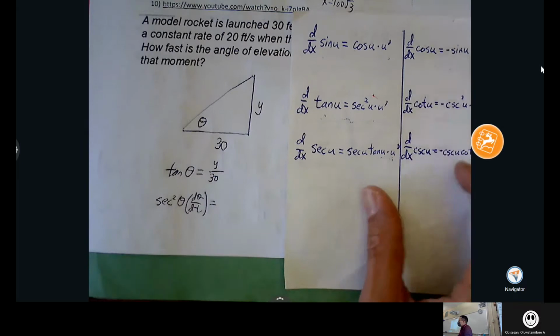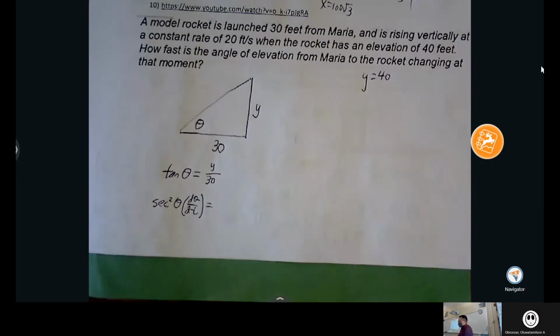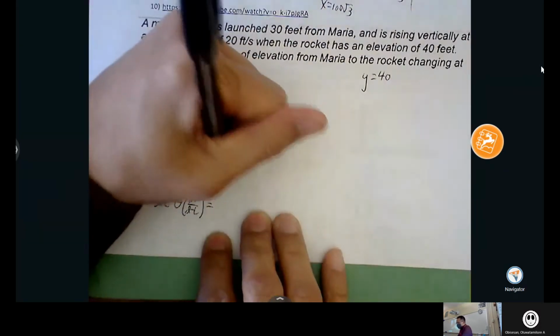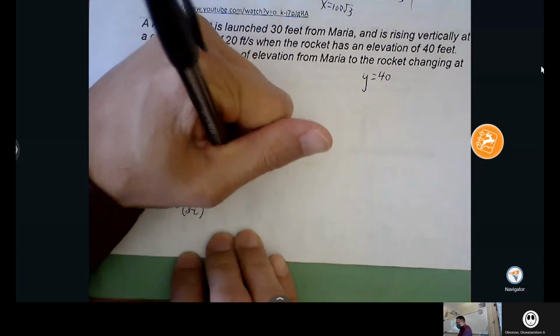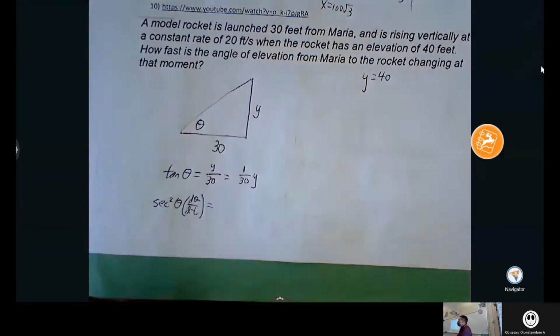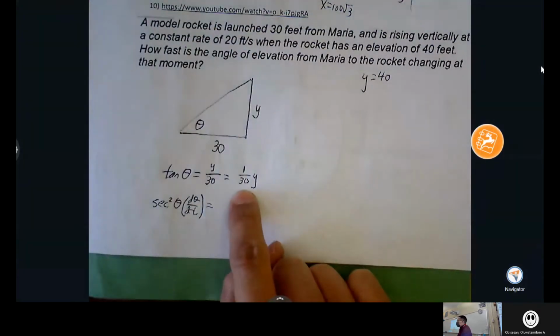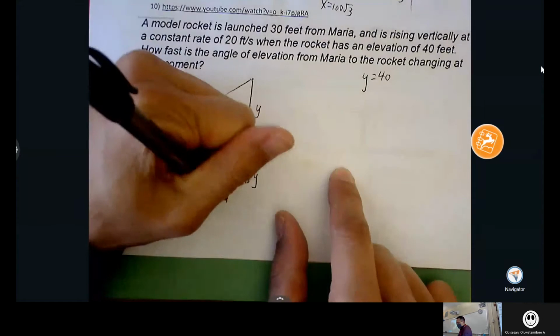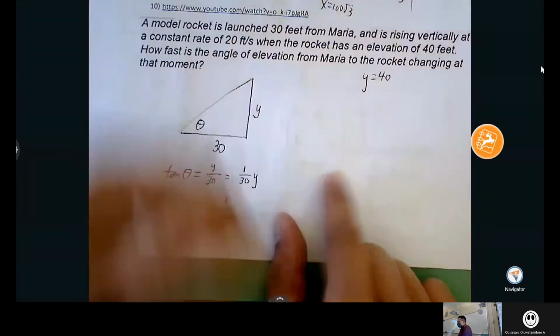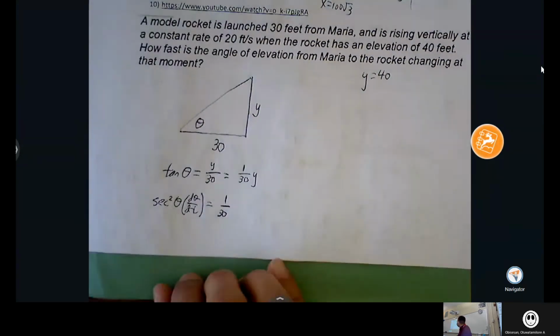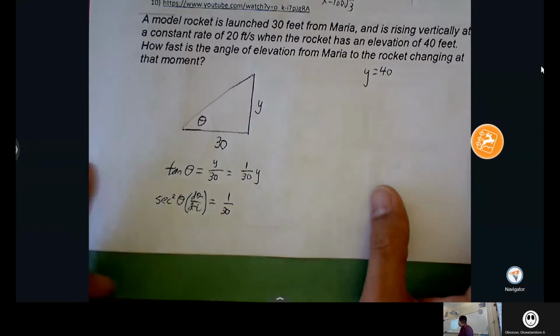Oh, wait, would you do y over 30? Or no, what do you do? What if we think of y over 30 as 1 over 30th times y? Does that make it easier? What's the derivative of 1/30th times y? Mm-hmm. And what happens to the y? Kind of.